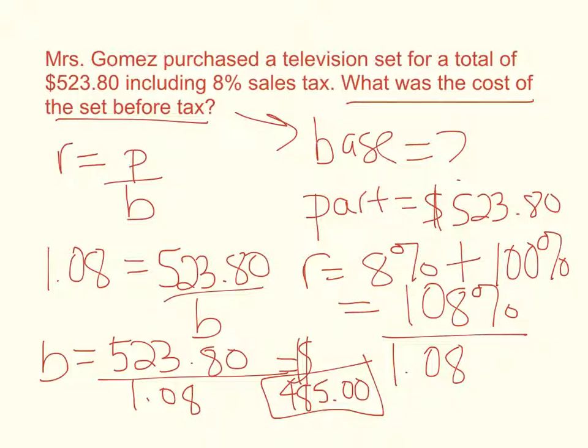If we were to add our $485 plus $48.50, we get a total of $533.50. So, because the tax is only 8%, it wasn't 10, we are very close to that number, because the question told us she spent $523.80. Okay?